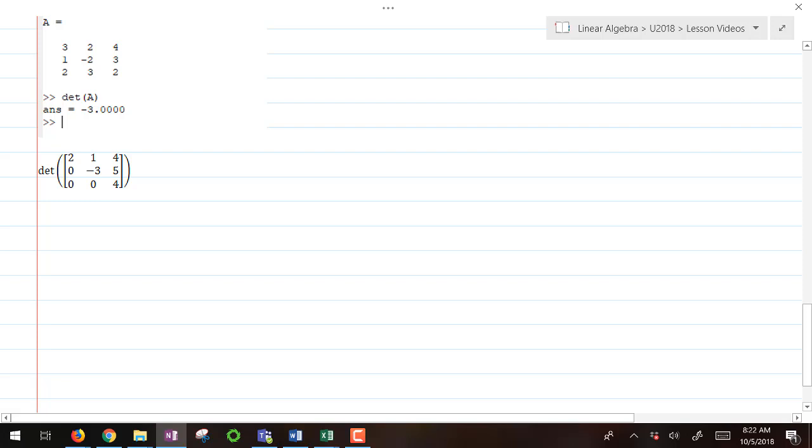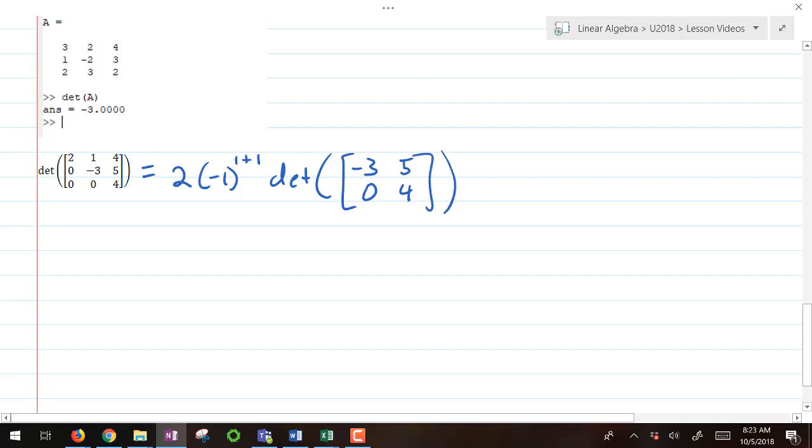Let's take a second and look at what happens if I do this. Now, this is a triangular matrix, so I'm going to be strategic and expand along the first column. This is going to be equal to 2 times minus 1 to the 1 plus 1 times the determinant of minus 3, 0, 5, 4, plus 0.